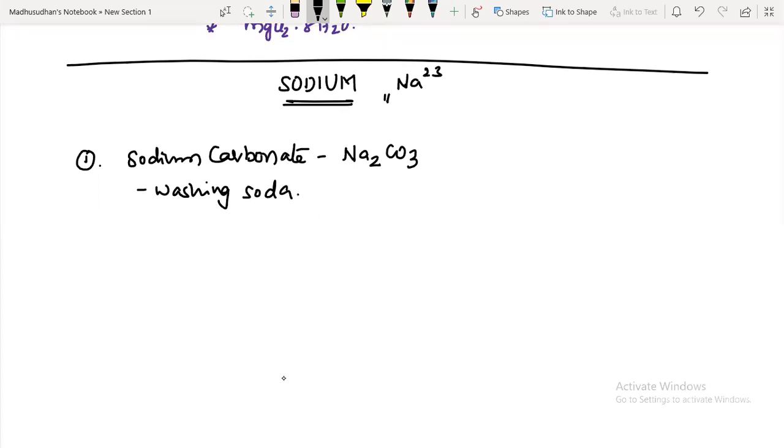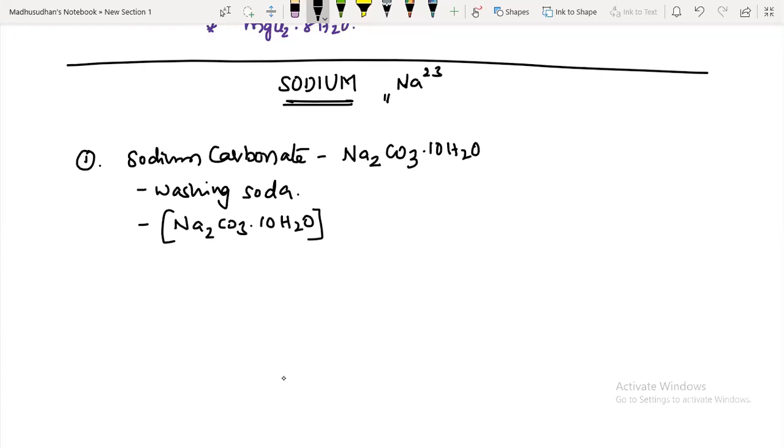This is also called washing soda. And its composition actually exists as Na2CO3 with 10 moles of water. This is actually sodium carbonate. I'll also keep 10 moles here. It always exists in hydrated form.